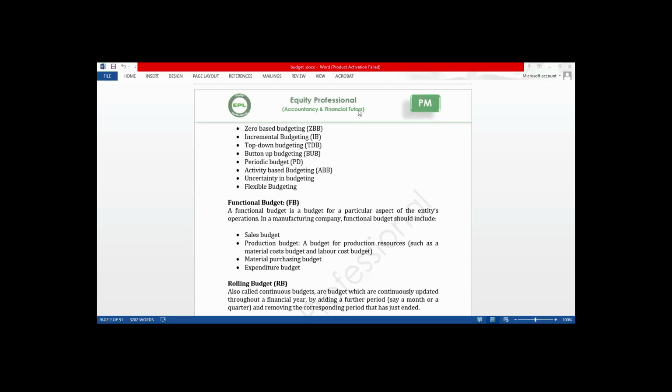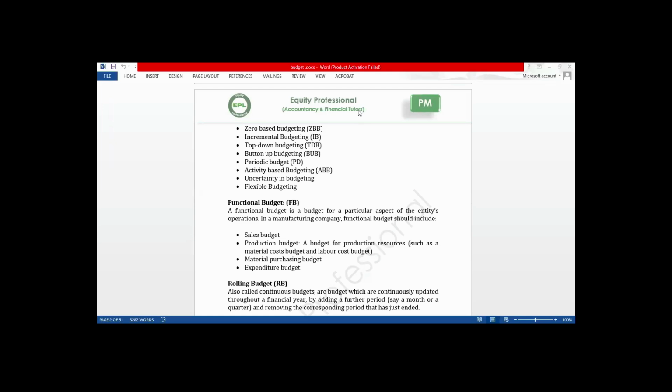Your production budget shows the quantity of units that the company plans to produce. The number of units that we need to produce in order to meet our sales budget, and to meet management requirements.